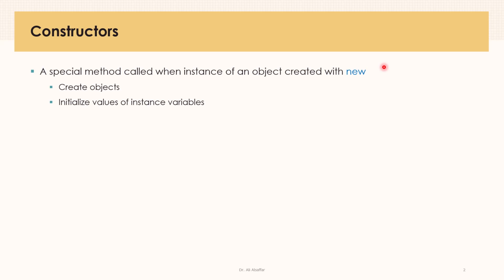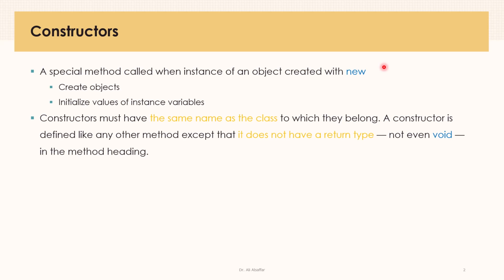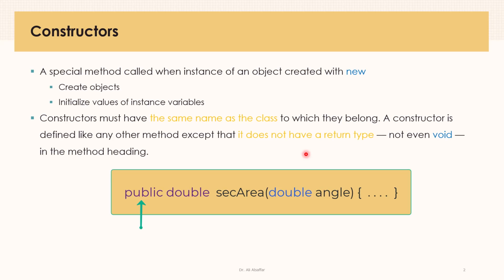So the question is how to define a constructor in your class. First, it must have the same name as the class. Second, it should not have any return type, not even void. Remember that to define a method, you write public, followed by the return type, integer, double, long, and so on, followed by the name of the method.